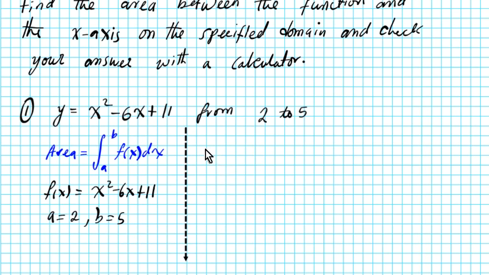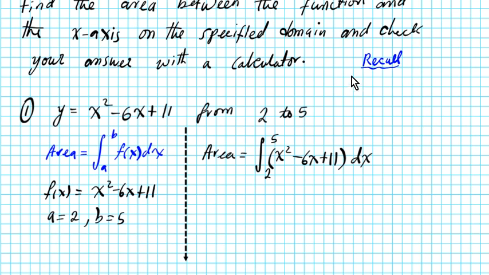Alright, let's go ahead and apply this formula to this particular situation that we're dealing with right here. So the area is going to be given by the integral from 2 to 5 of the function x squared minus 6x plus 11 dx. Alright, so we're going to be carrying out term by term integration here. Now let's just do a real quick review of the two rules that we're going to be using here.